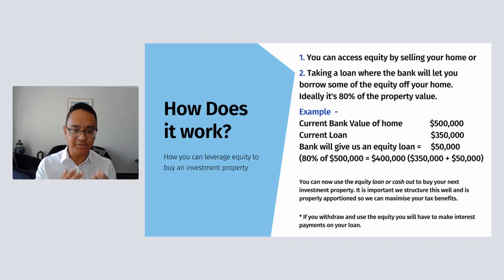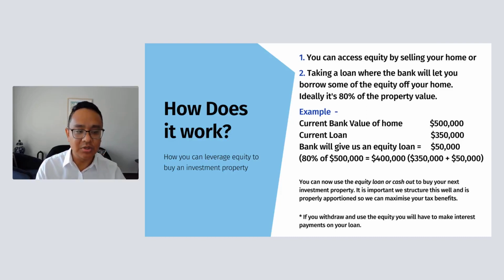So just for an example of how it works, let's say the current value of the house is $500,000, just like before. Your current loan is $350,000. Technically we have an equity of $150,000, but the bank won't give you $150,000. The bank will give you an equity loan of only $50,000 in this case. And why is that? Because 80% of $500,000 is equal to $400,000.